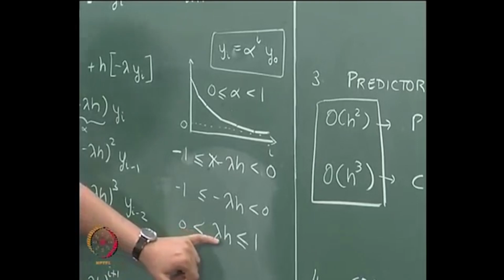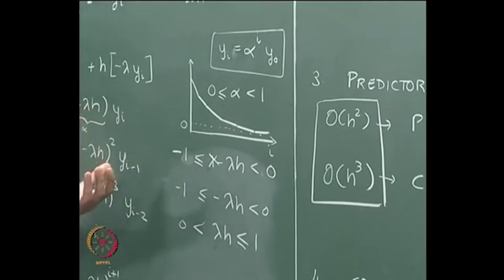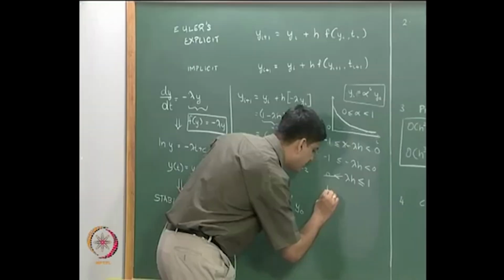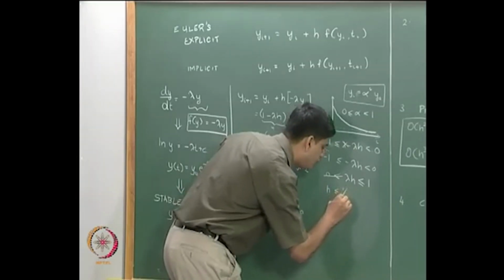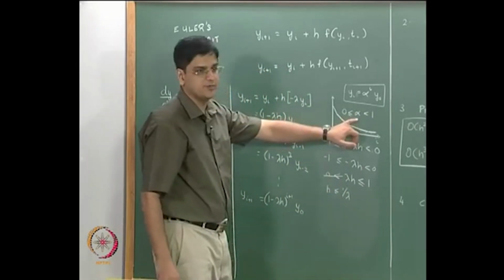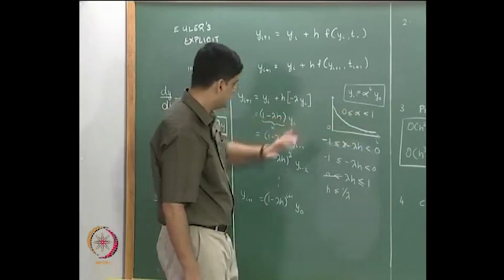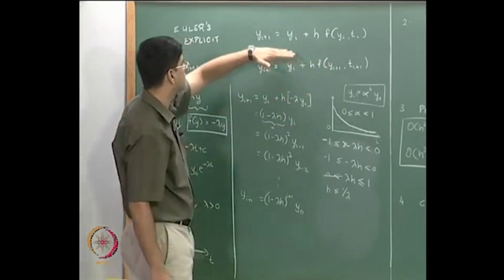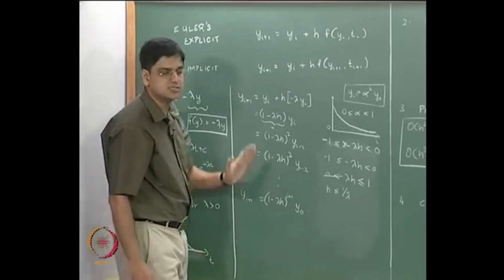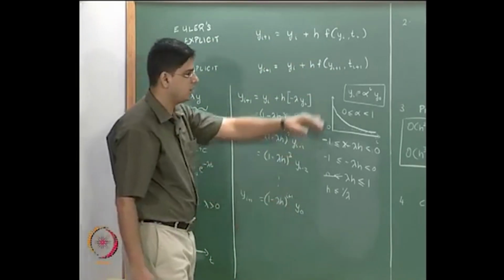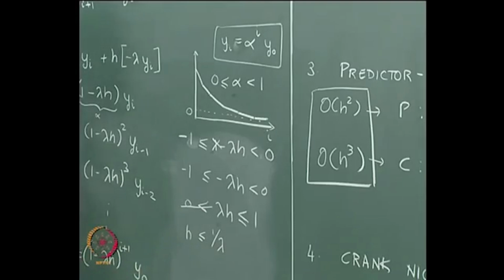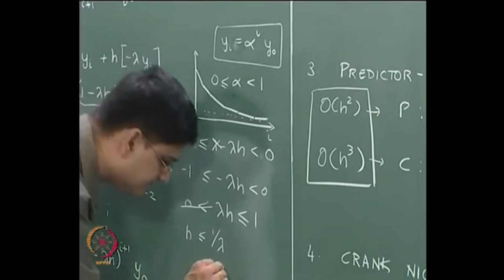Now h is a positive quantity, so this becomes redundant. As long as the value of h is less than or equal to 1 by lambda, we will get monotonic behavior. So that's the first result: the numerical solution of Euler's explicit method is going to be monotonically decreasing for a linear system as long as h is less than or equal to 1 by lambda.